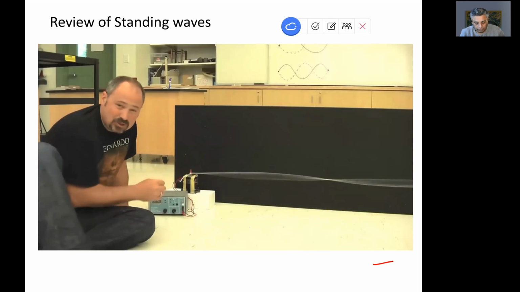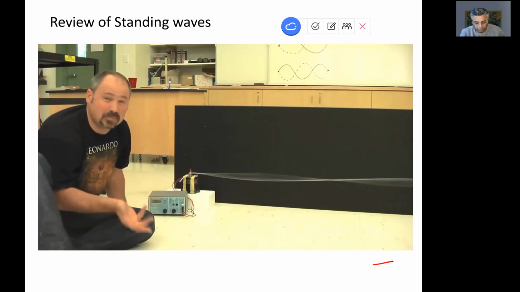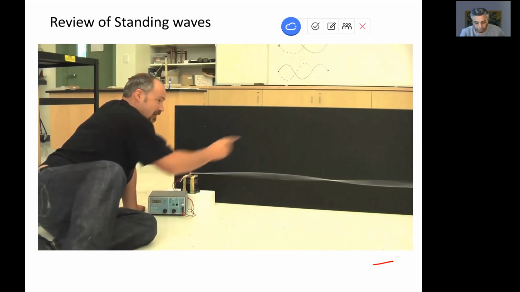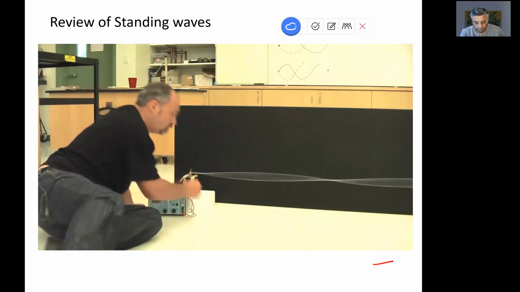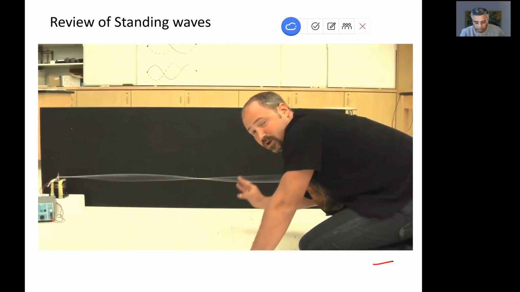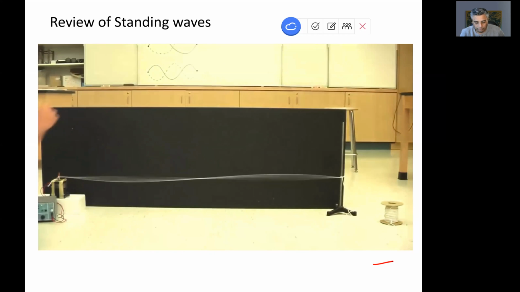So here we have what's called the second harmonic. It's the second possibility for a standing wave for a string that's held at both ends. Because notice this is a node, and the middle is a node. So we have three nodes for this wave. Now, like I said, second harmonic, well, what's the first one?